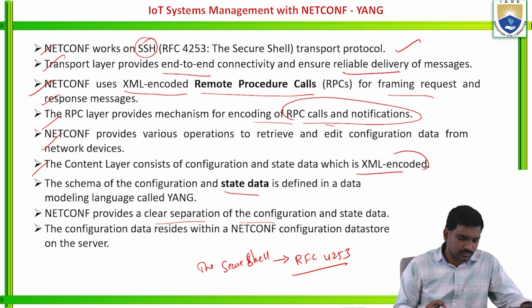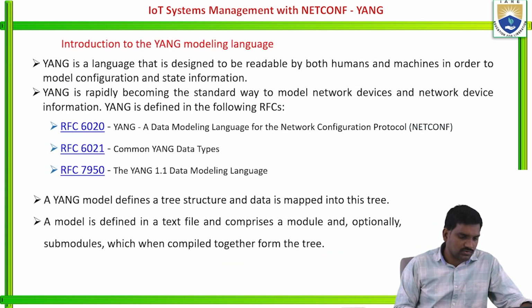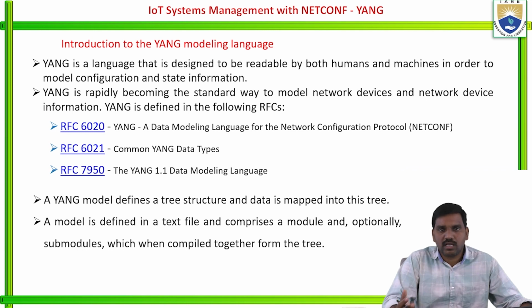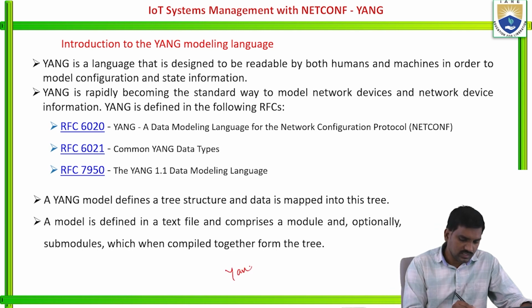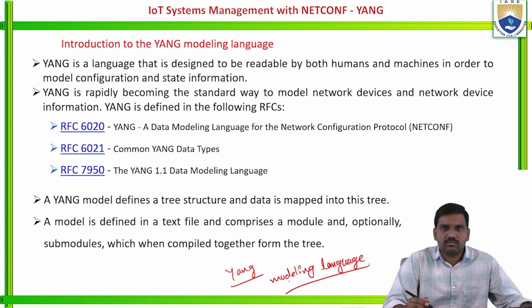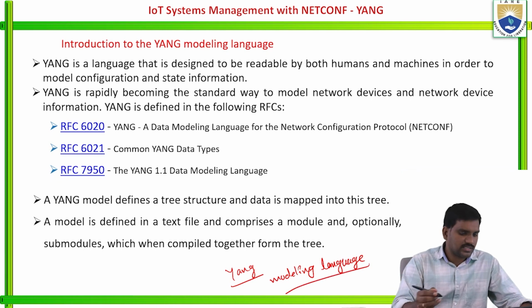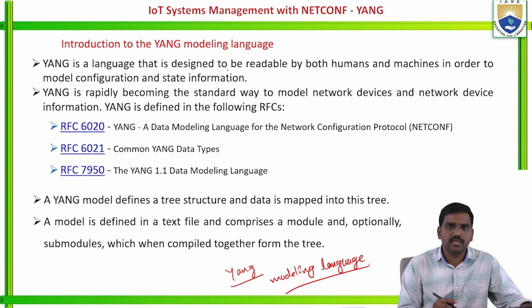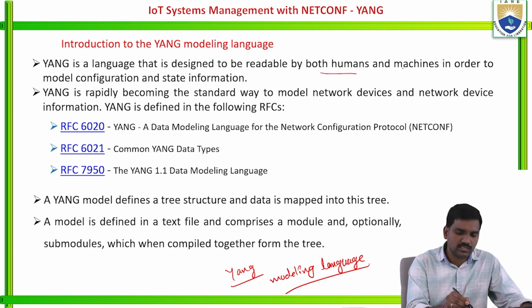So these are some real-time points of the network configuration protocol. Next, introduction to the YANG modeling language. YANG is basically a modeling language. YANG is a language designed to be readable by both humans and machines.